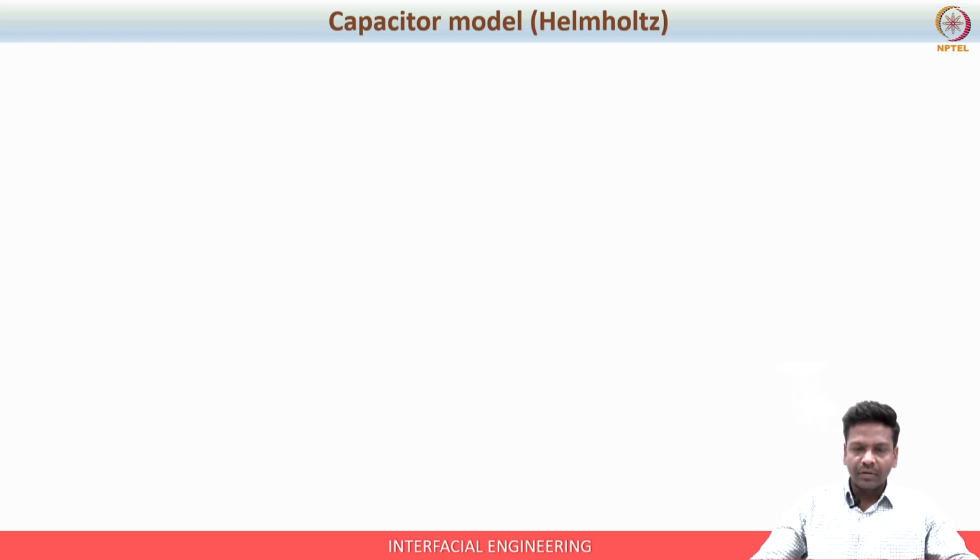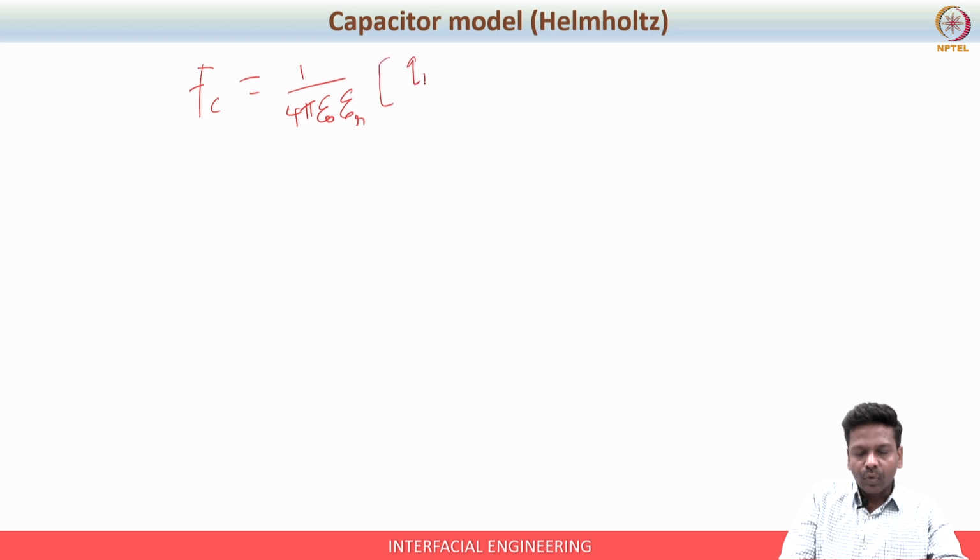So our point of departure is to see how this potential variation is linear. Our starting point will be the Coulombic force, which comes from Coulomb's law: 1 by 4 pi epsilon naught epsilon r into q1 q2 by r square.